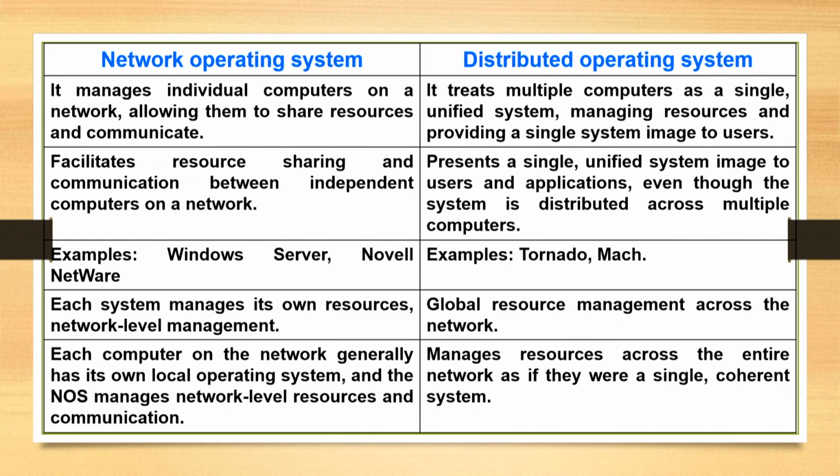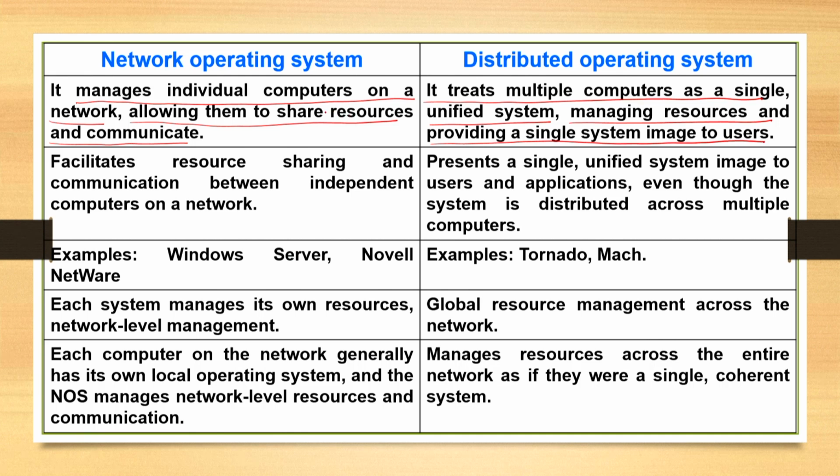What are the differences? In the case of network operating system, it manages individual computers on a network and allows them to share resources and communicate. Whereas, in the case of distributed operating system, it treats multiple computers as a single unified system, managing the resources and providing a single system image to the user.